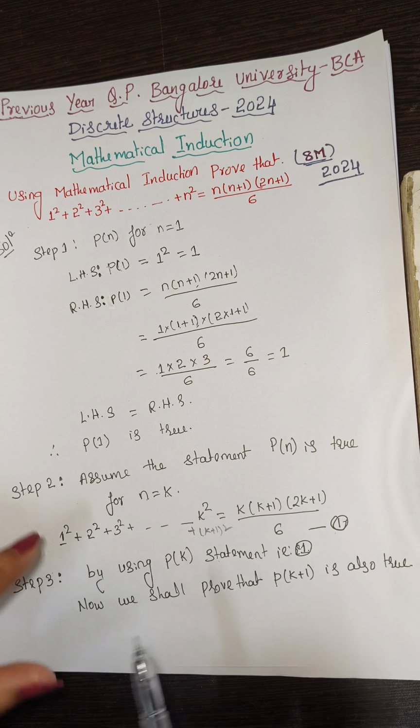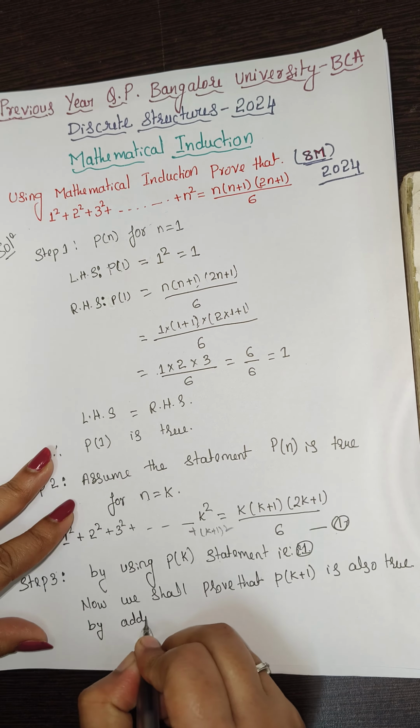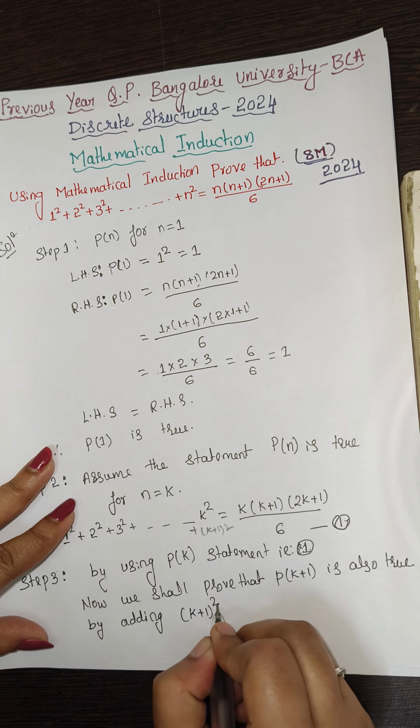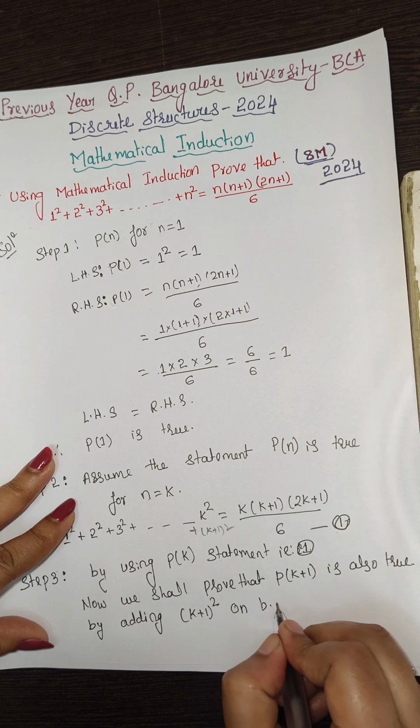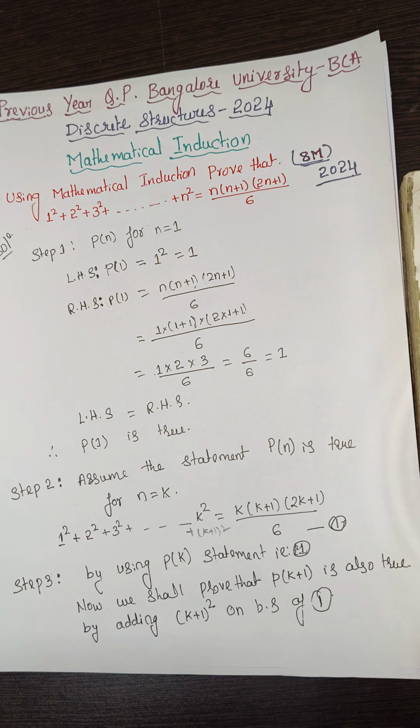That's the reason we add k plus 1 whole square on both sides of equation 1.